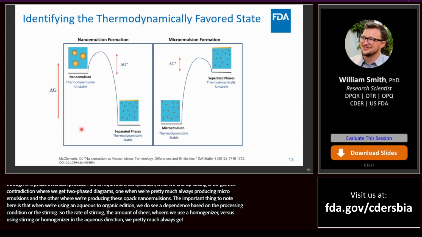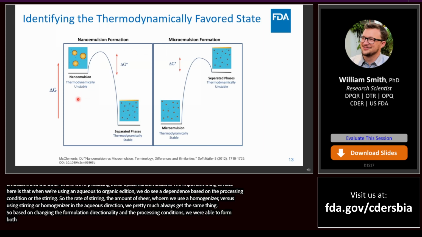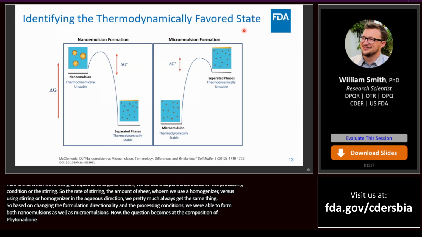So based on changing the formulation directionality and the processing conditions, we were able to form both nanoemulsions as well as microemulsions. Now the question becomes, at the composition of phytonadione injections, what is the most thermodynamically favored state?